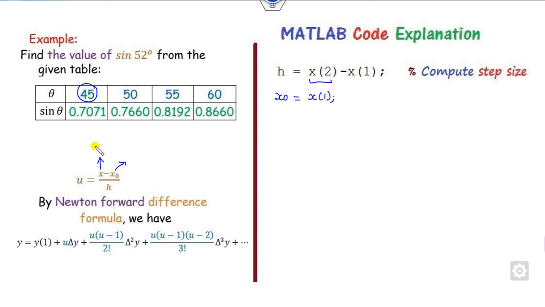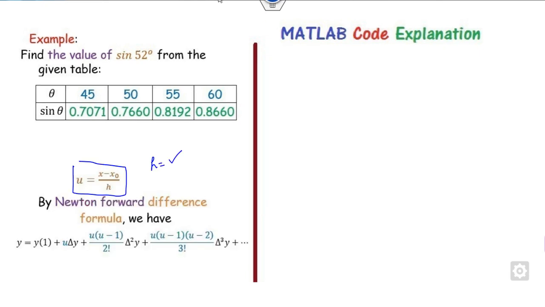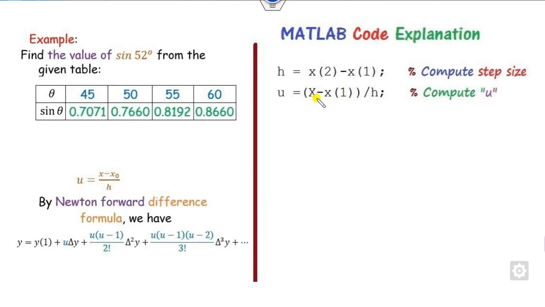That is the value at which you have to calculate. I have stored this in capital X, the input value. So I can write u as x minus x0, the first value, divided by h. That computes u. Once you have written u, we have to write this formula in MATLAB. How can you write that, because this is infinite?